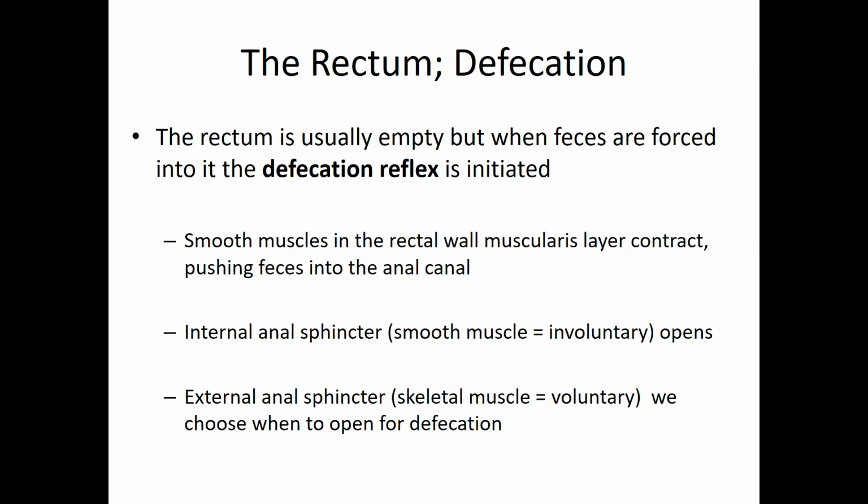The other sphincter, the external anal sphincter, is made up of skeletal muscle, and that's controlled voluntarily. So the anal sphincter can open involuntarily due to the defecation reflex, but we control voluntarily when to open the external sphincter when it's convenient to defecate.